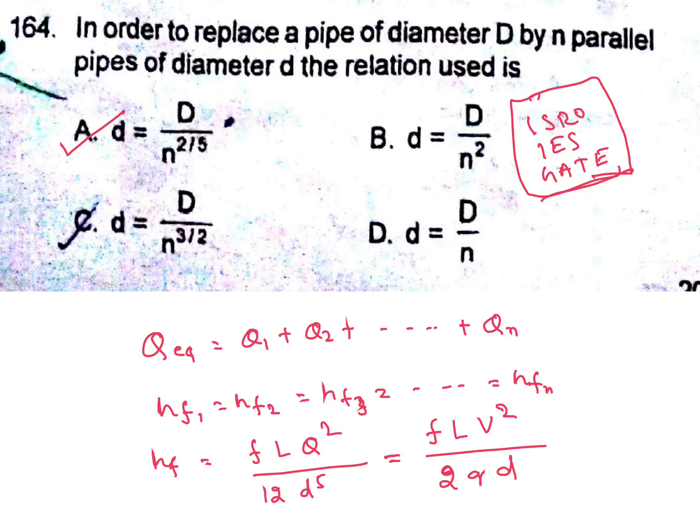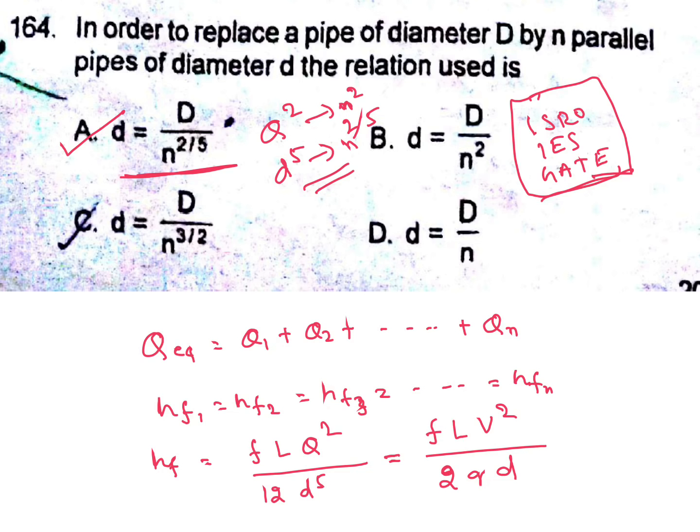Otherwise you leave this question, or you directly remember this formula. For Q square you will get n to the power 2 term. For d to the power 5 you will get n to the power 2 by 5 term. So from the options also you can solve this one.